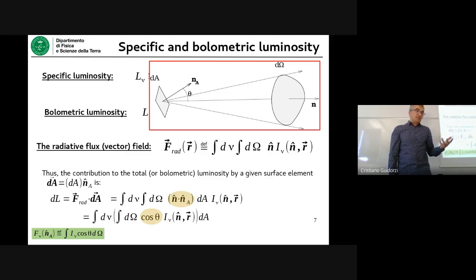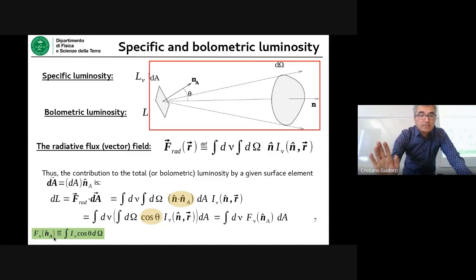Cosine theta means you have a given fixed direction in mind, which is exactly the direction of the surface element. So you recognize this guy, I. Now you have no more vectors, just one scalar. That's exactly what we expect. This is a scalar product, so in the end, the result must be a scalar. So I weighted by cos theta, integrated over dΩ. This is exactly our specific flux.